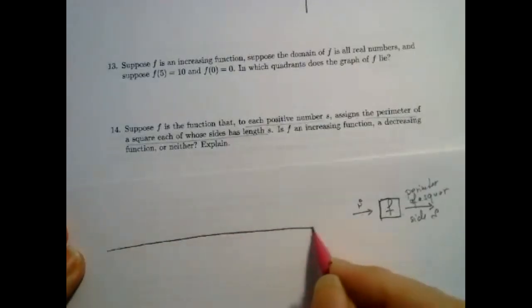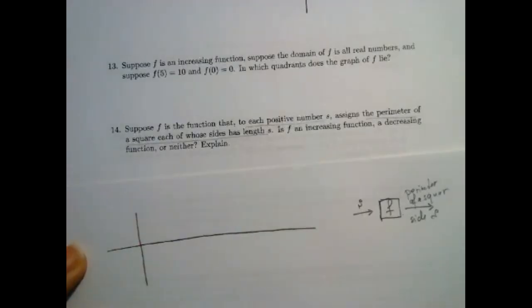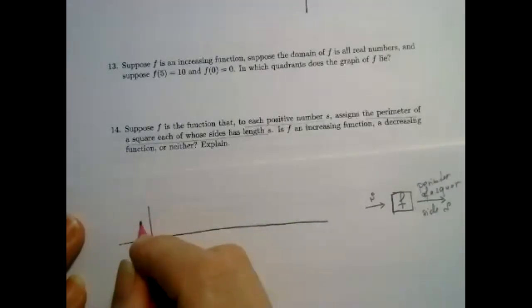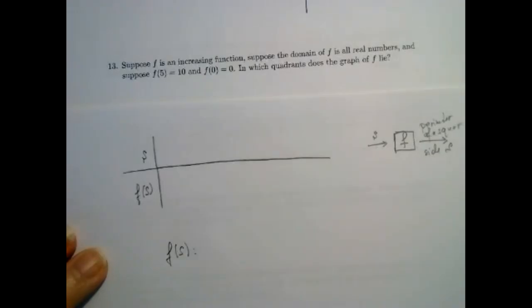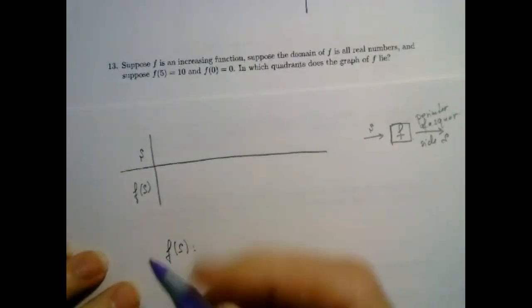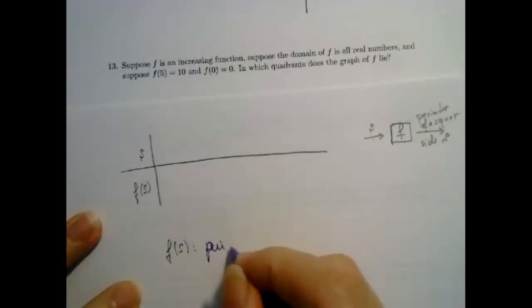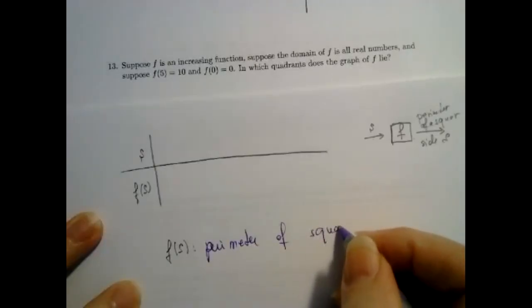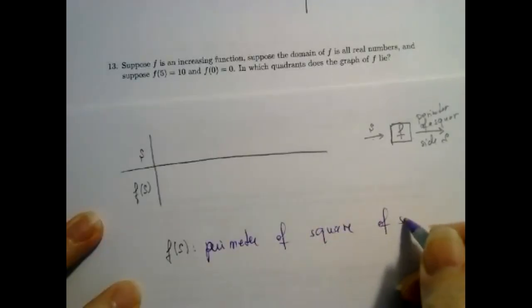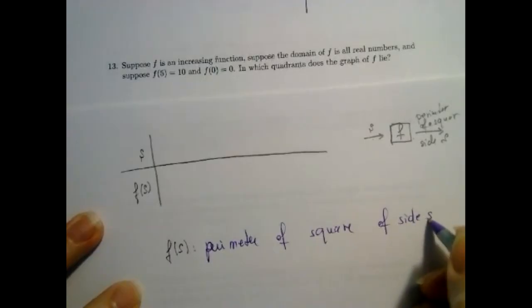So before we even fully understand this function, you give it a number s, and f of s gives you the perimeter of the square. So f of s in words is the perimeter of a square of side s.